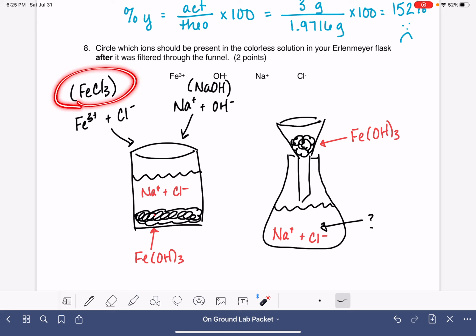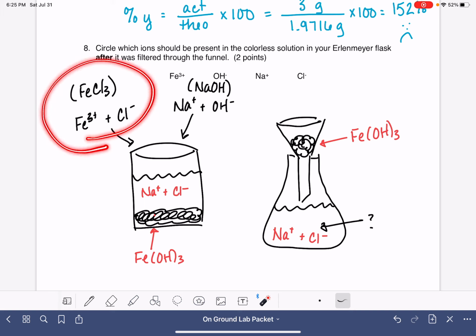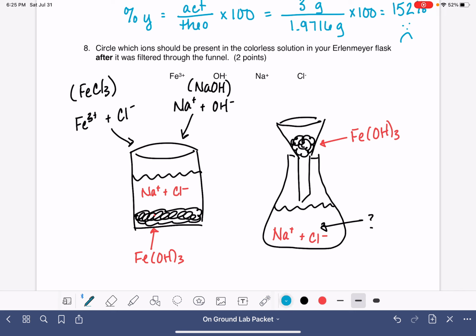So one of these two reactants was limiting. In my situation, the FeCl3 was the limiting reactant. That means that all of the FeCl3 is going to be converted into products. So all of the iron that I put in is going to end up being converted into the FeOH3 product. The NaOH was not limiting, meaning that it was in excess, meaning that not all of the NaOH got converted into making the FeOH3.